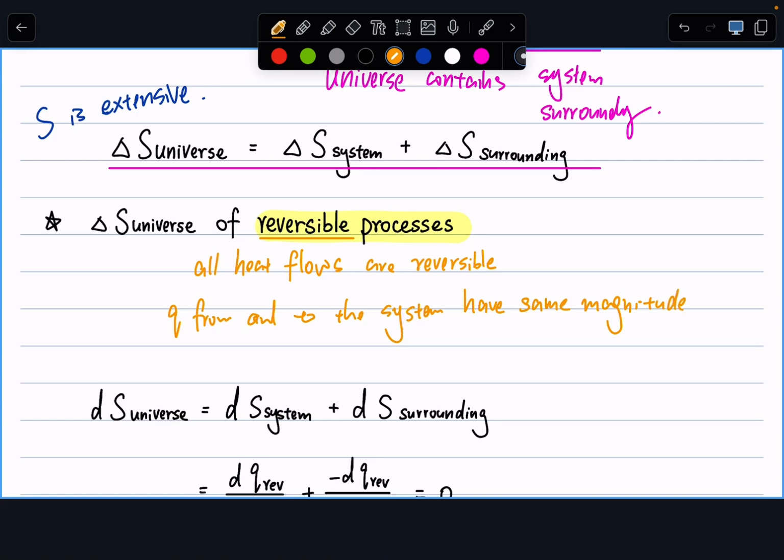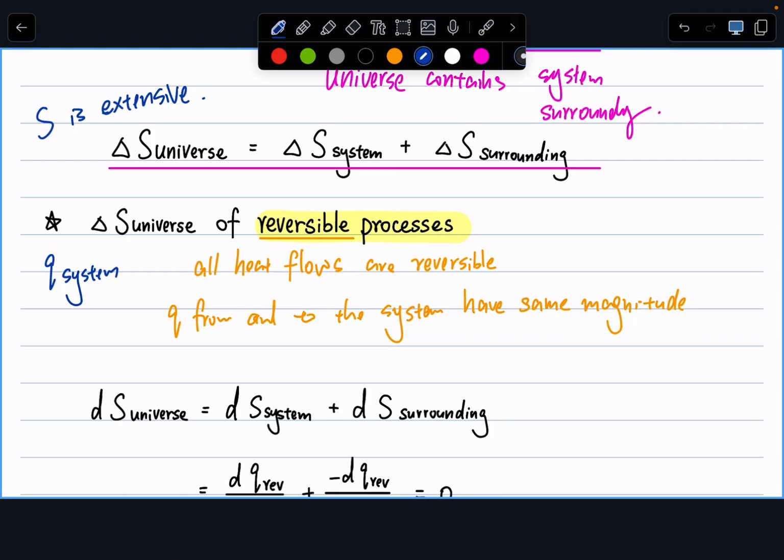This is also quite intuitive to understand. When we say reversible process, we're saying the heat into the system always equals the heat out of the system, and it's a very infinitesimally small number. Or if we translate this into an equation that we know, when we say Q system, we are talking about the heat flow into the system.